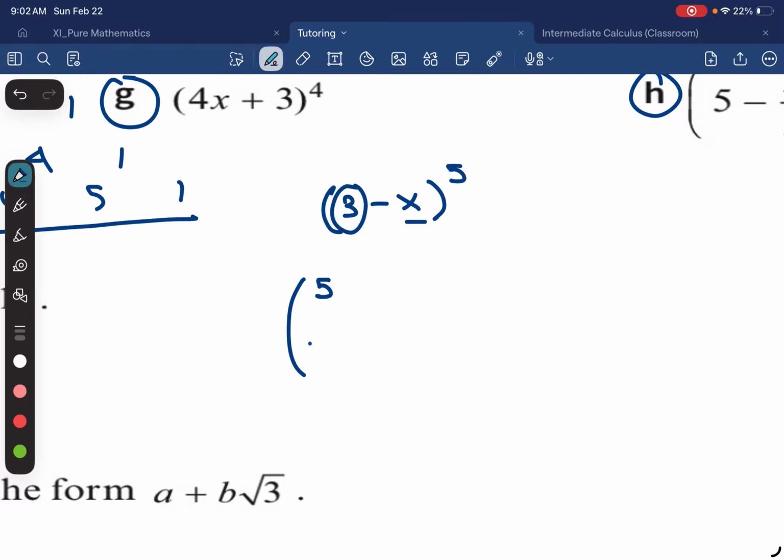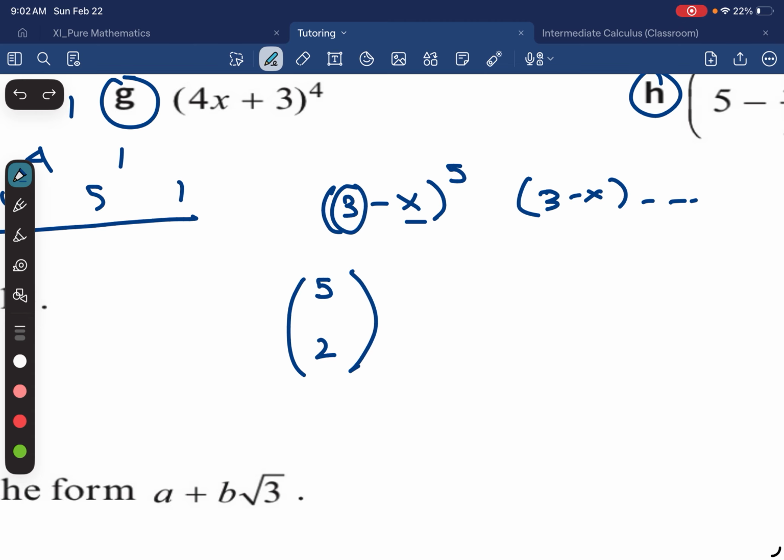This is going to be 3 minus x, 5 times, so I have 5 things in total. If I select 2 3's, you're going to think in terms of the first term here. If I select 2 3's, then I'm automatically selecting 3 x's. And 3 x's is going to give me x to the power 3.